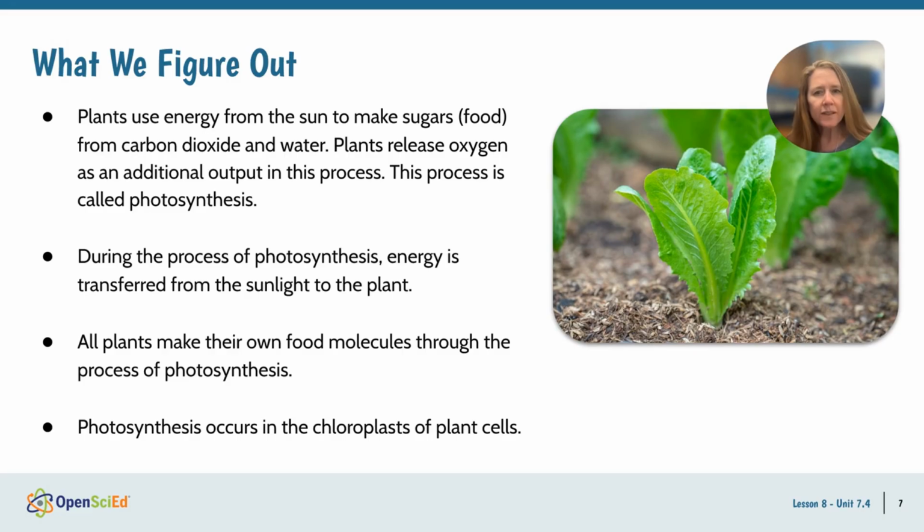Also, during this process, energy is transferred from the sun to the plant, from that sunlight into the plant. All plants make their own food molecules through this process, and this process of photosynthesis occurs in the chloroplasts of the plant cells.